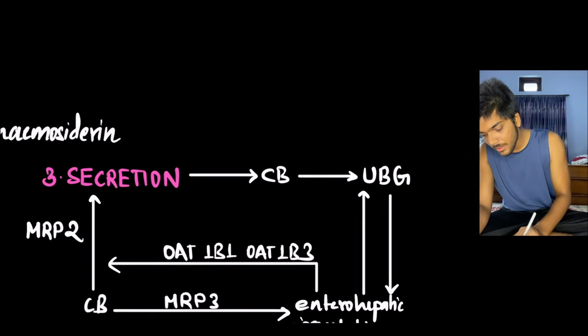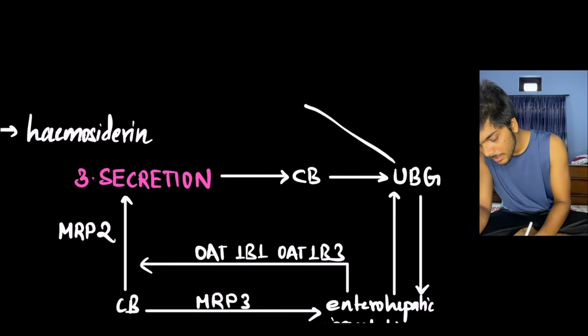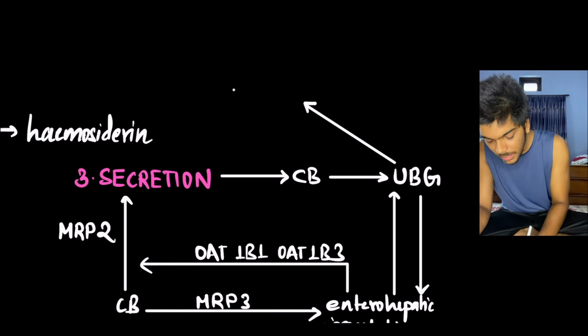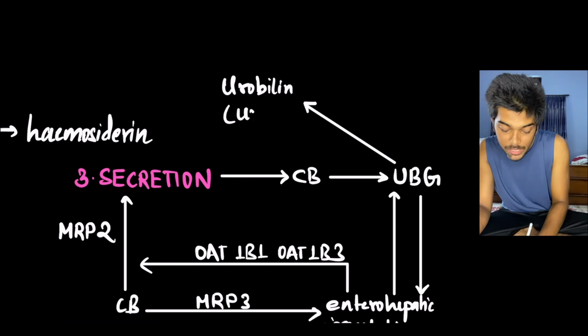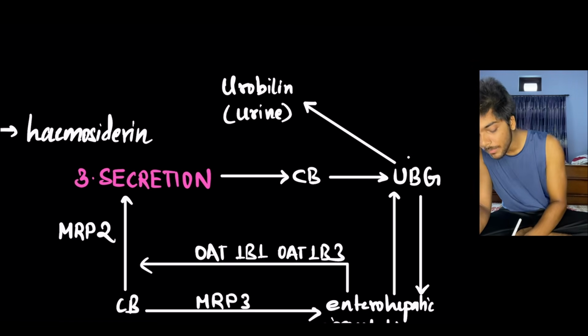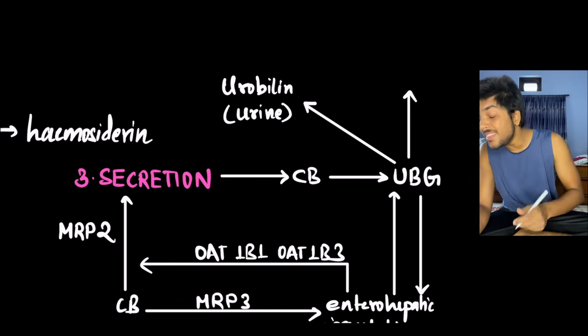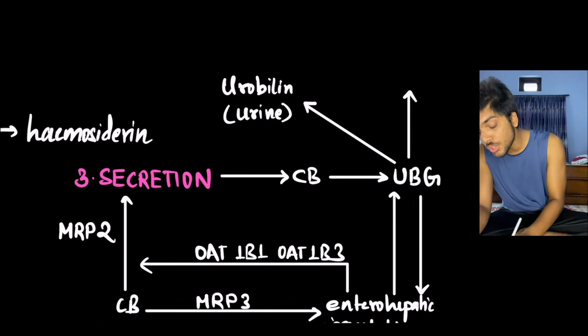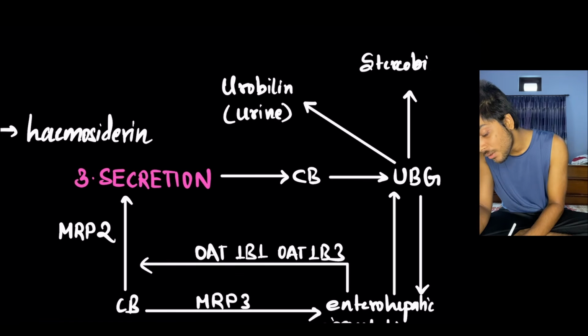In the kidney, urobilinogen gets converted to urobilin, which provides urine its characteristic yellow color. And the urobilinogen present within the gut comes out along with the stool. In the stool, it gets oxidized to stercobilin, and this stercobilin provides stool its characteristic brown color.